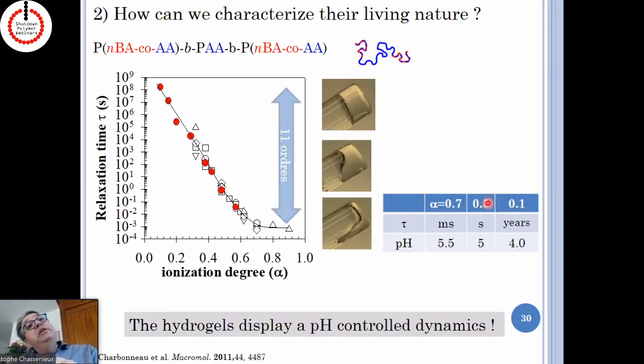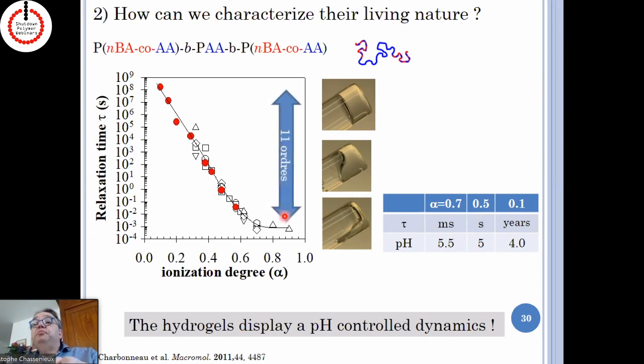A very, very important result is that by playing with the ionization degree of the acrylic acid, you can have systems that flow like water or systems that behave like very, very strong gels. And you can play with this relaxation time by 11 orders of magnitude.